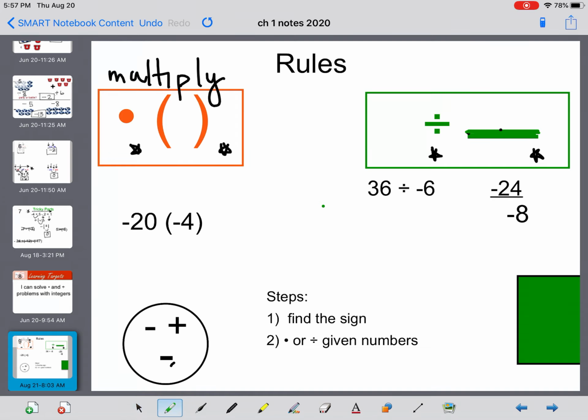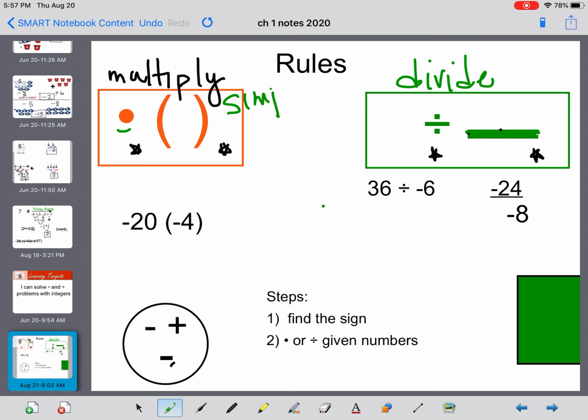Okay, so whenever we see a problem and it has one of these signs in it, I'm either going to multiply or I'm going to divide. And if I see parentheses, I'm going to only use this dot very rarely. You'll mostly see parentheses, and parentheses means I'm going to have to look for two things.